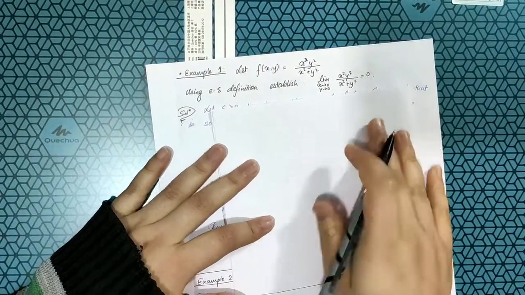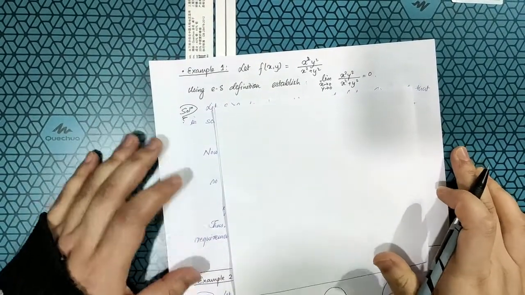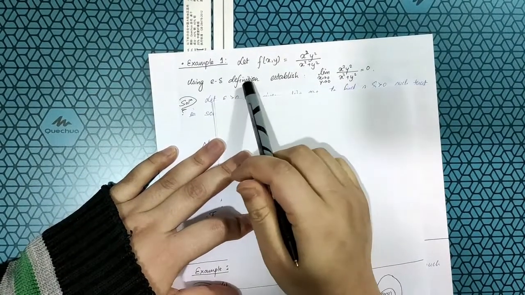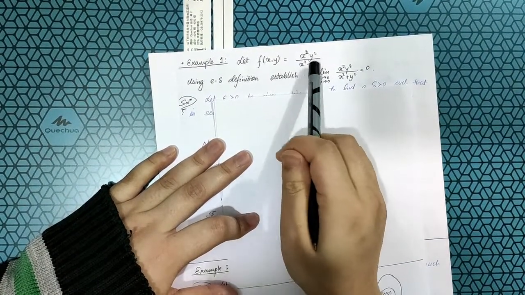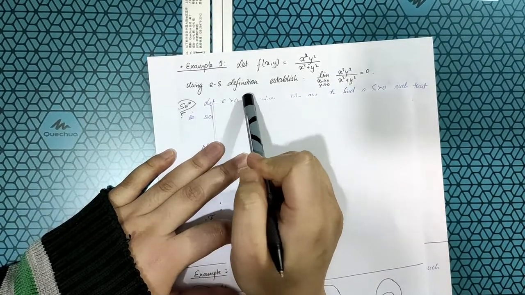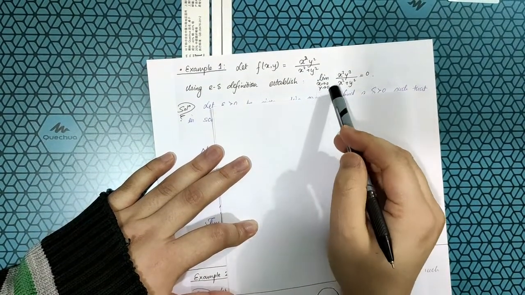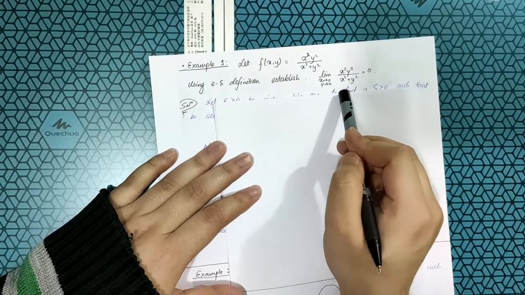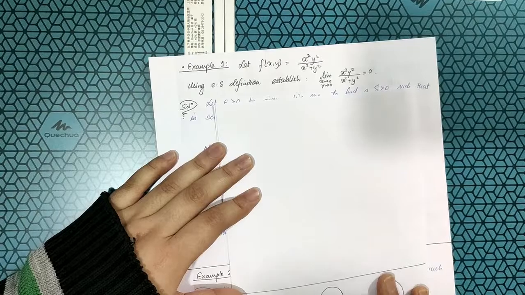So now the question is, let f(x, y) equal x square y square divided by x square plus y square. Using the epsilon delta definition, establish that limit x tends to 0, y tends to 0 of f(x, y) is equal to 0.